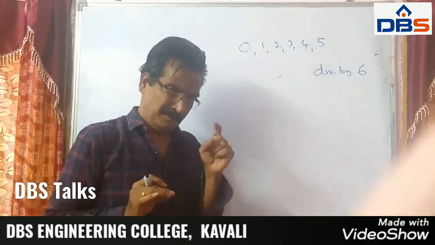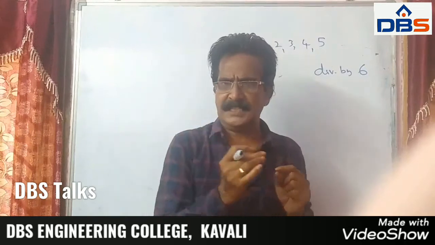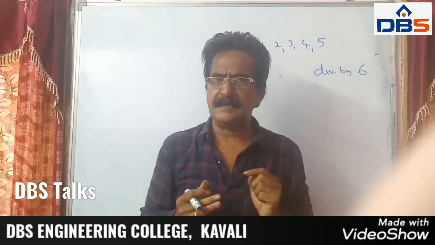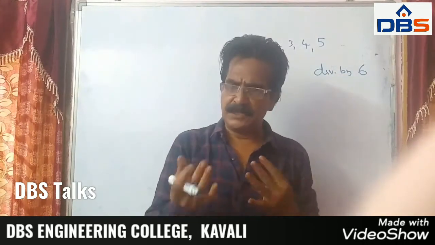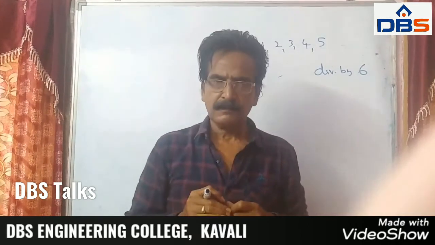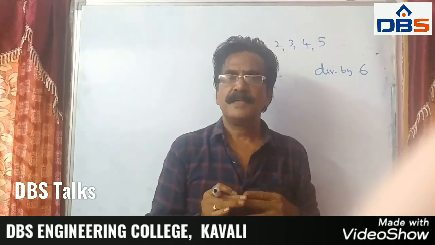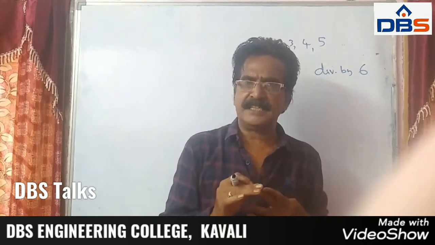For divisibility by 2, we know the last digit, that is the units place digit, must be an even number, either 0 or 2 or 4. If it is to be divisible by 3, what is the condition?